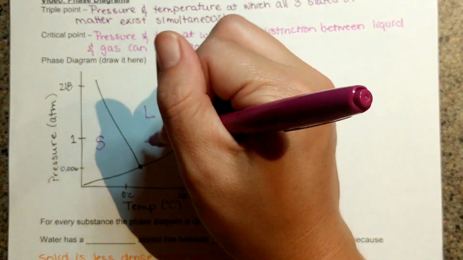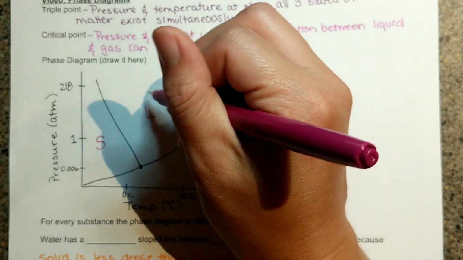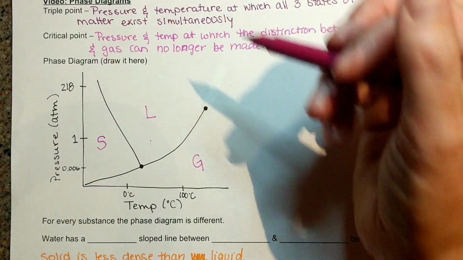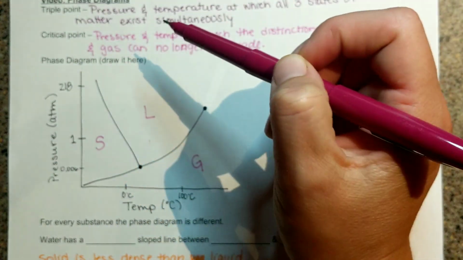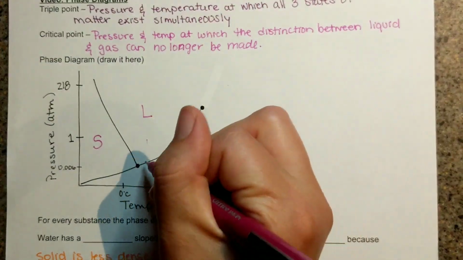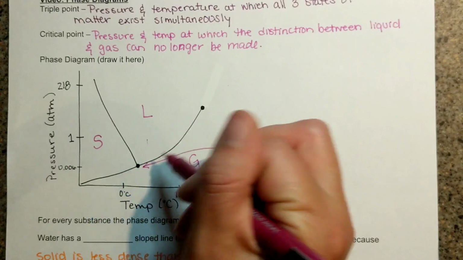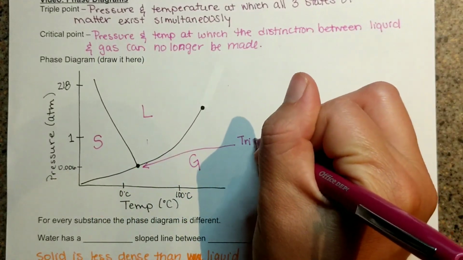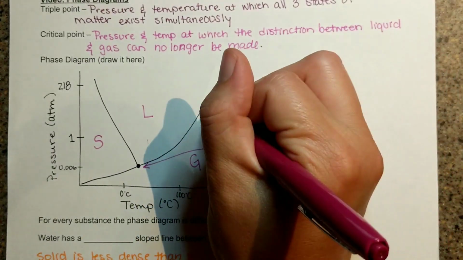Any pressure and temperature given here, my substance will be in the liquid phase. The triple point that we talked about earlier is here on my curve, and my critical point is here.